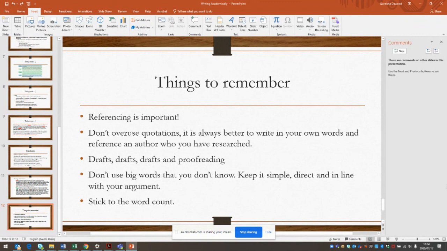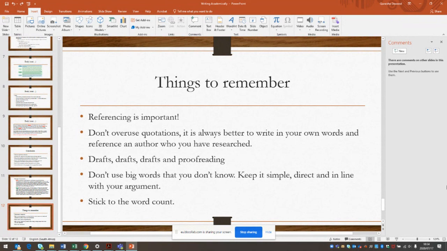A word count is there to train you to make an argument in that number of words. If you are way below the word count, it means you haven't done enough research. If you are way above the word count, it shows that you cannot streamline your argument, and your supervisor is going to stop marking once he or she reaches that word count.